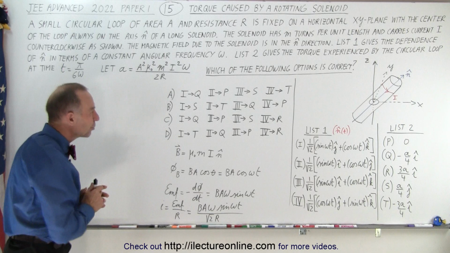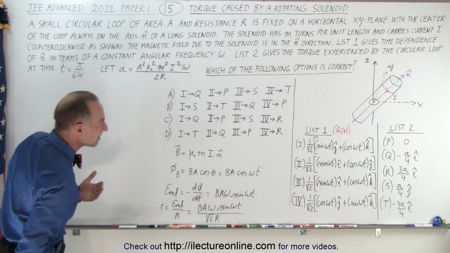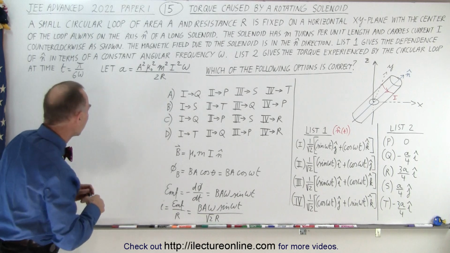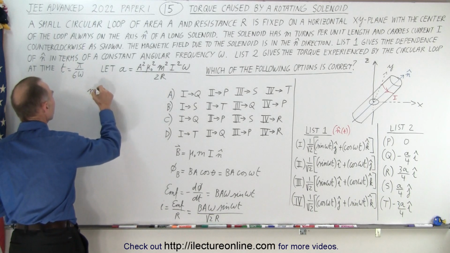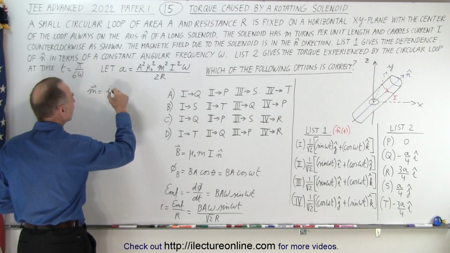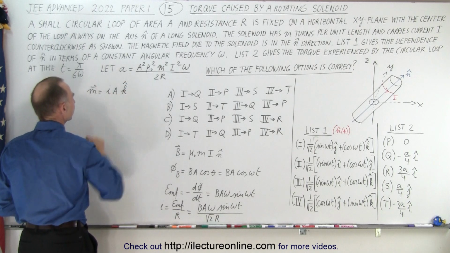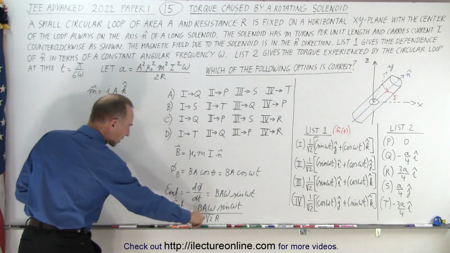So next what we need to do here is find the magnetic moment. And the magnetic moment is going to be in the z direction, the k direction. And so we can say that the magnetic moment M is equal to I times the area of the loop in the k direction. And of course we have the I from here.